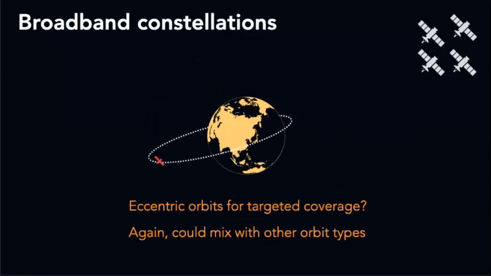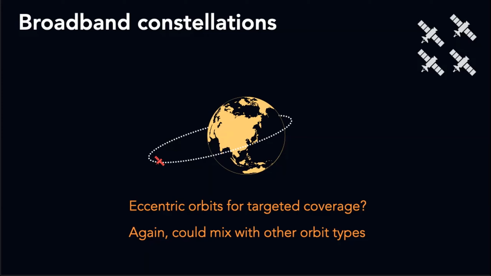Another such possibility that uses different types of constellations is to use eccentric orbits for targeted coverage. Eccentric orbits are not circular centered on the Earth's center, but of this type, oblate or elongated. In such orbits, the satellite spends a lot more time over one target geographic area rather than equal time globally. When the satellite is near Earth, you could potentially use it for low latency traffic. And when it moves farther away, you could use it as a throughput enhancing satellite.